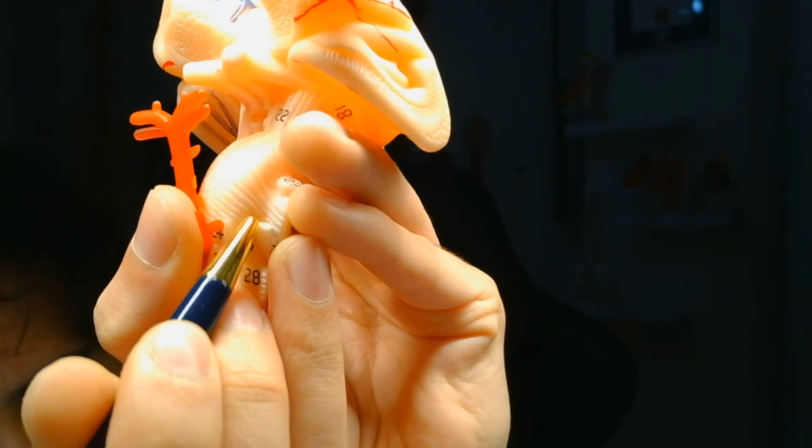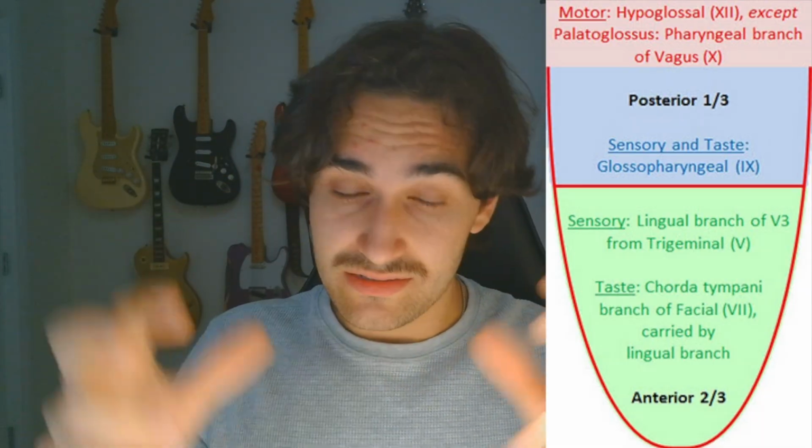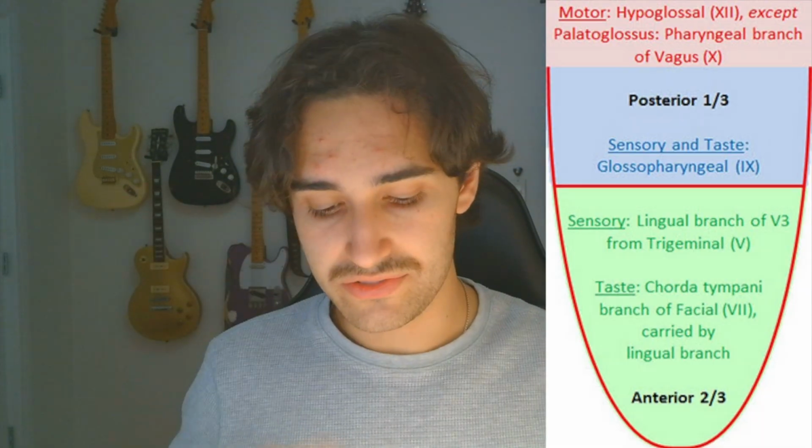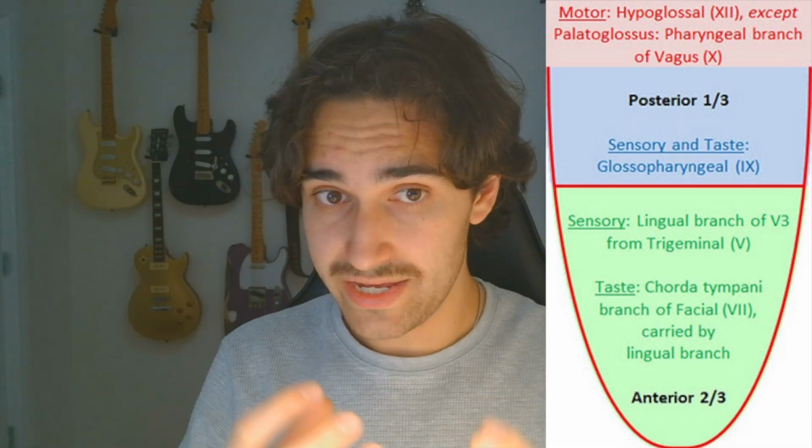The facial nerve innervates the muscles of facial expression, as well as provides taste, gustatory sensation to the anterior 2/3 of the tongue, while the trigeminal nerve supplies tactile sensation to that anterior 2/3. The glossopharyngeal does both tactile and gustatory sensation to the posterior 1/3 and the oropharynx.